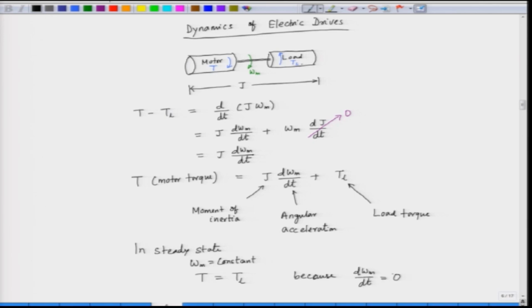There is no acceleration in the steady state. When the motor has reached a steady speed, we call it steady state. In the steady state, there is no angular acceleration, so the inertial torque J d omega m by dt is equal to 0. So, in the steady state, the motor torque is counterbalanced by the load torque. The speed is constant, and the motor and the load torque are opposing each other.